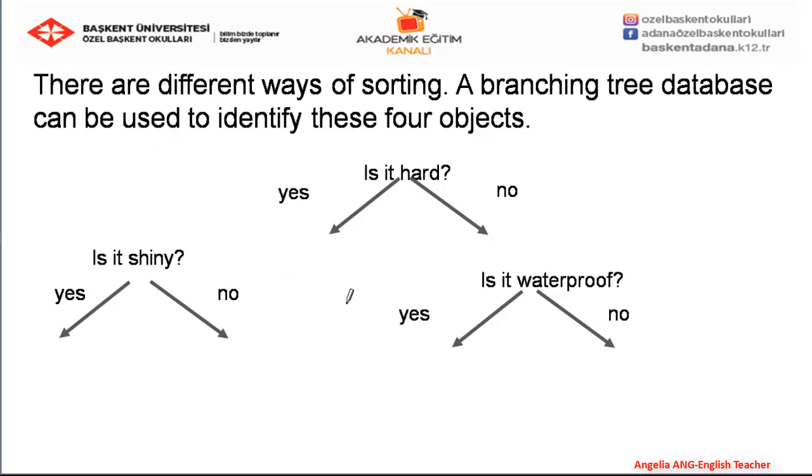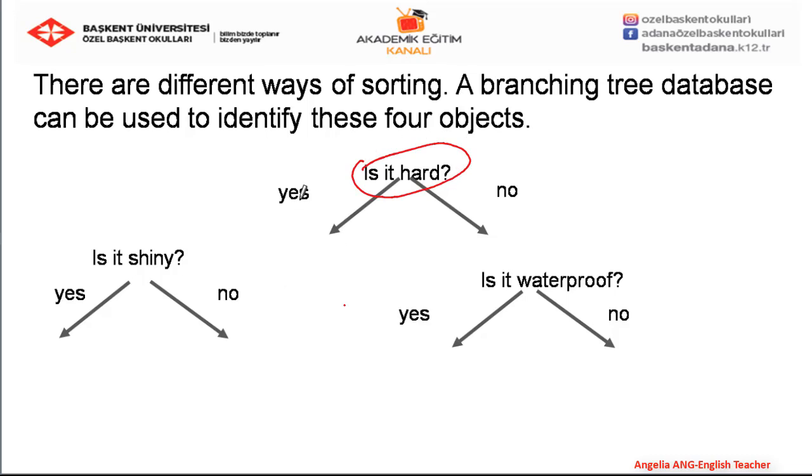There are different ways of sorting. A branching tree database can be used to identify these 4 objects. You can ask this question to sort materials. Is it hard?